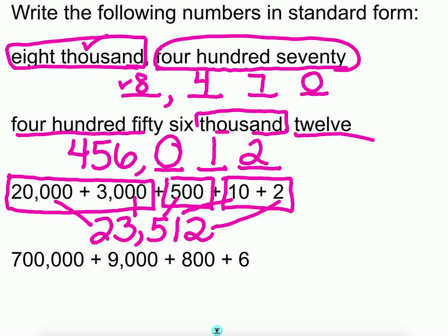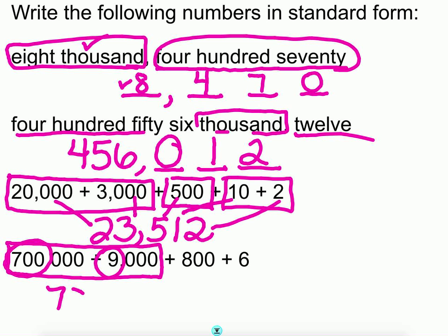All right, so next one is 700,000 plus 9,000 plus 800 plus 6. So again, we could look at these thousands here. So it's like 700,000 and 9,000 makes 709,000.